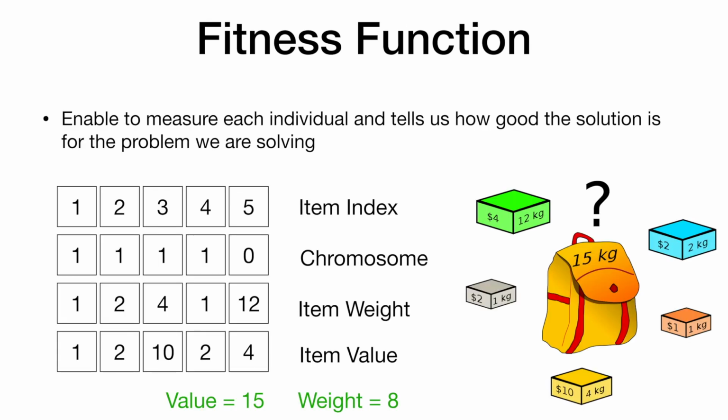What is fitness function? For example, if we talk about the knapsack problem, we have a knapsack which has a capacity of like 15 kilograms, and we want to store as many items with the highest possible value as possible.